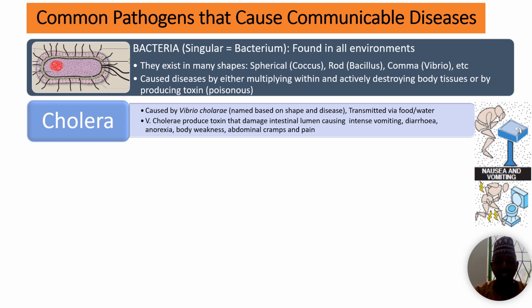that damages the intestinal lumen, causing massive flow of water and ions into the intestinal tract. So it causes a reverse flow of fluid from the body into the intestinal tract. Normally, water from the gastrointestinal tract is absorbed into the body together with the soluble food materials.